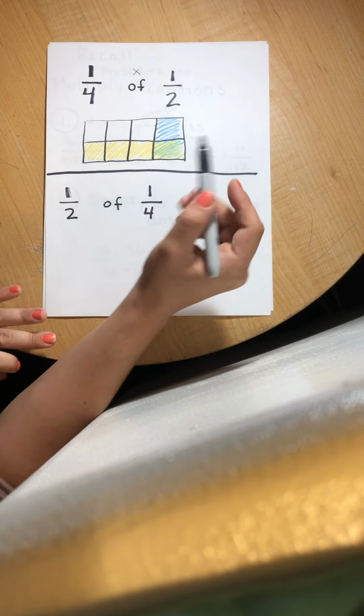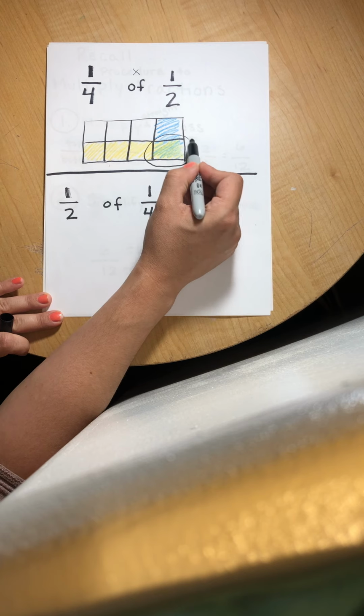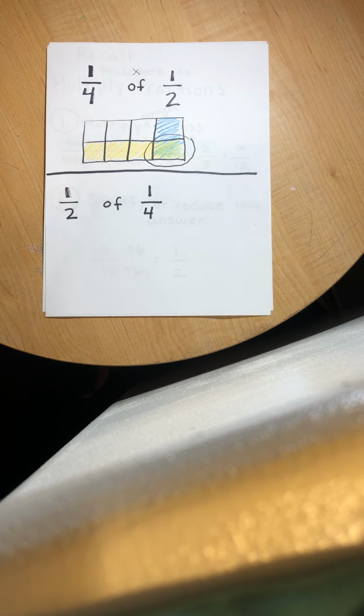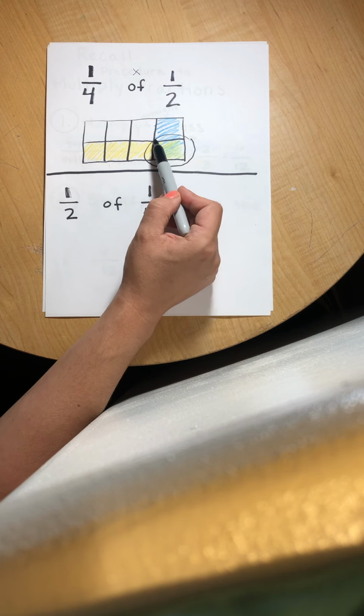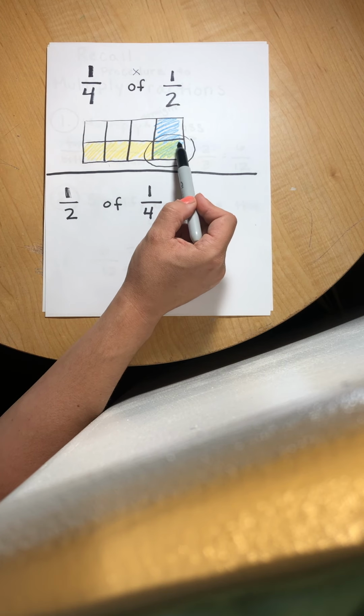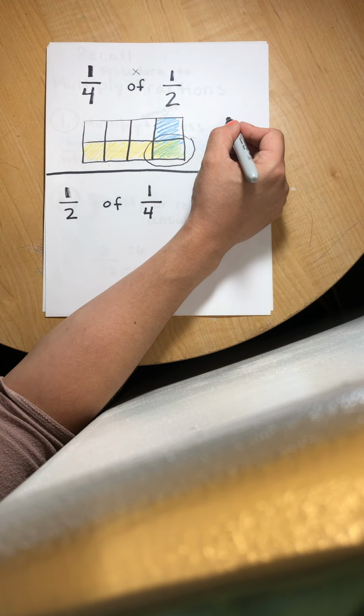Now the section where they meet, right here, this is 1/4 of 1/2. So let's see, we have one section that has both colors shaded, so our top number would be 1.